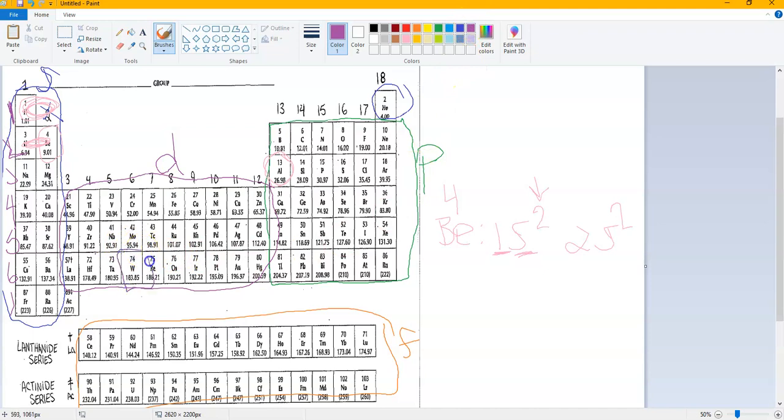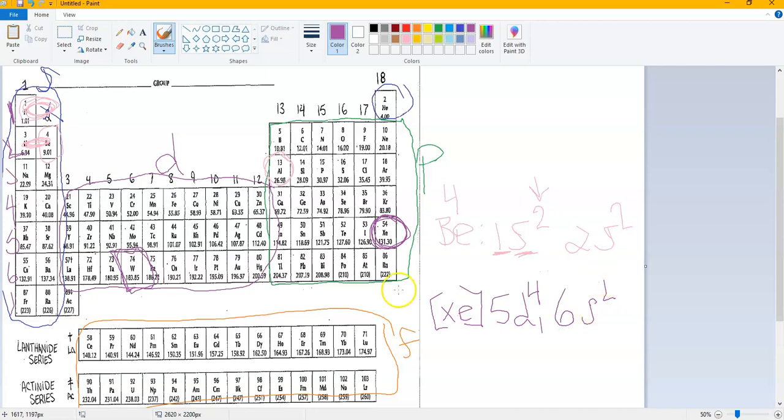So if I was going to do tungsten, what I do is I look for the noble gas before him, and then I put the noble gas in brackets. Then I write out 5d4, and we'll go over D block, so don't get too concerned. And then 6s2.